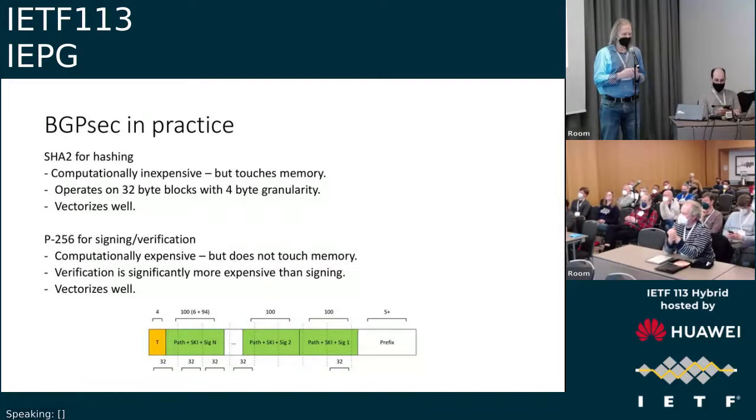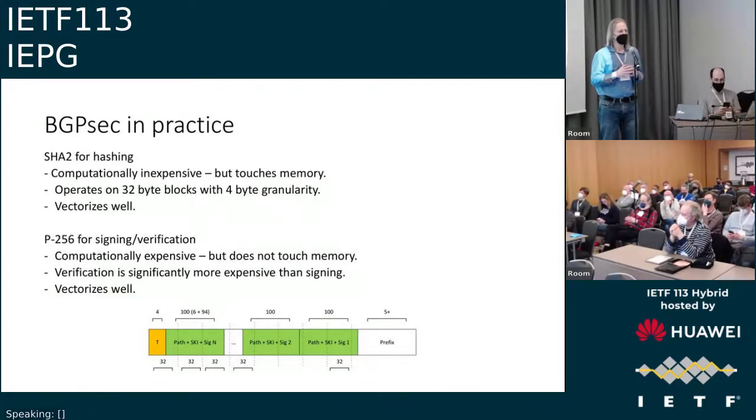Speaking of hashing, that operates on fixed blocks. A block by itself is atomic. If you compute the block, you can continue with the next block starting from the same intermediate state that you got previously. Therefore, this opens opportunities for caching hash calculation for certain data. Signature calculation and verification are computationally expensive, but they don't touch memory.